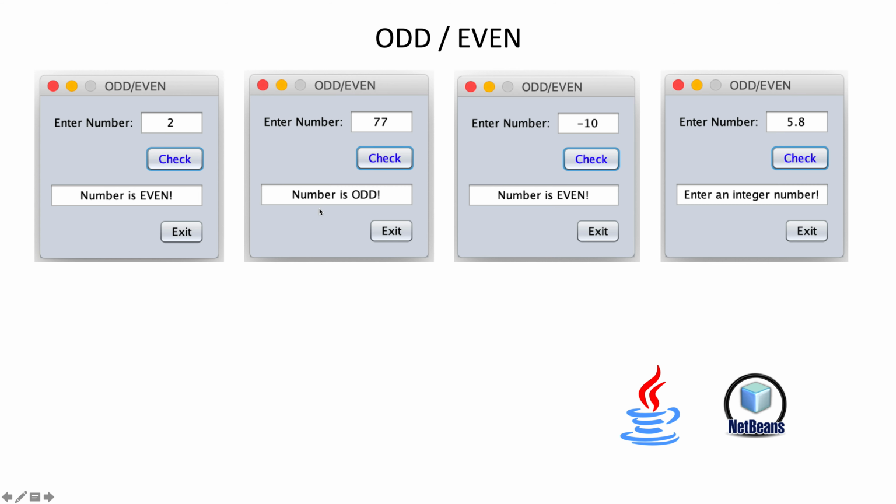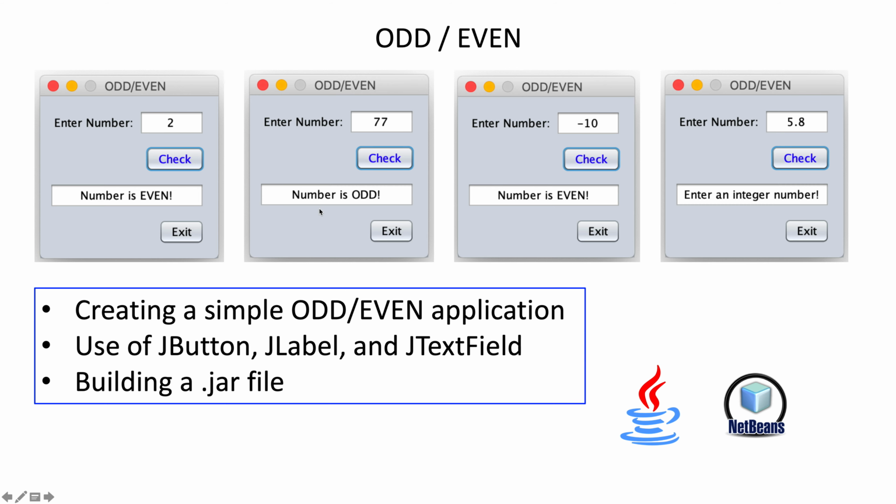While doing so, we will learn the basic use of a JButton, that is a button, the JLabels, like these text labels, and the JTextField, that is these text fields here. So let's get started. Also in this tutorial, we will learn to build a .jar file.